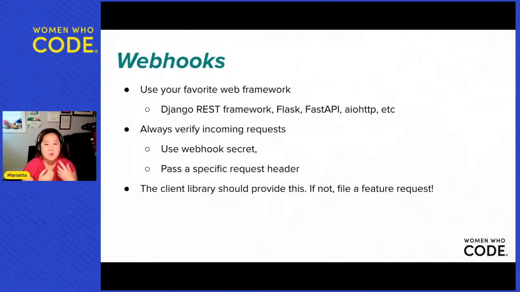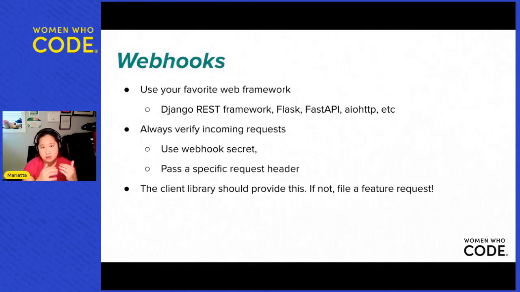You need a way to verify that the incoming requests are indeed coming from the platform that you have set it up for, so it's not from hackers. Usually this is done by setting a webhook secret or by having specific request headers.